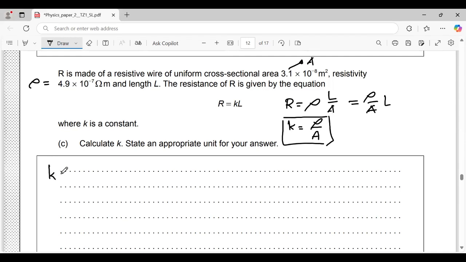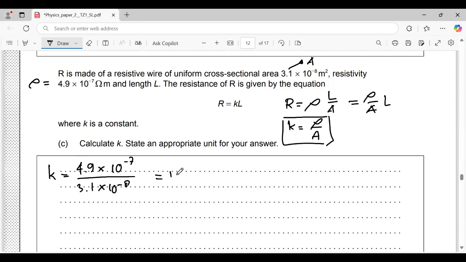So K equals rho, this one, 4.9 times 10 power minus 7, over A, this number, 3.1 times 10 power minus 8.